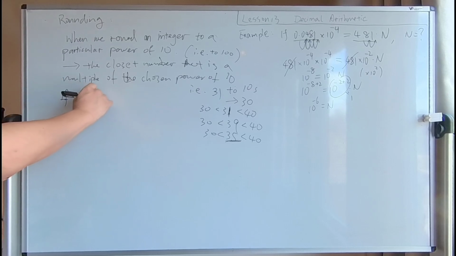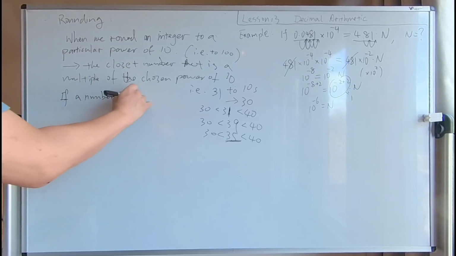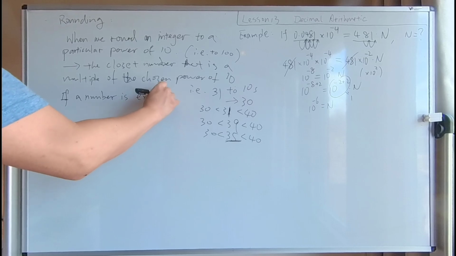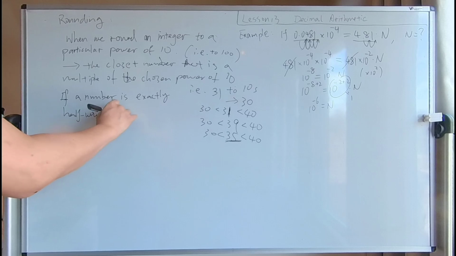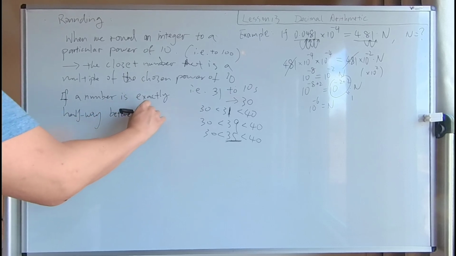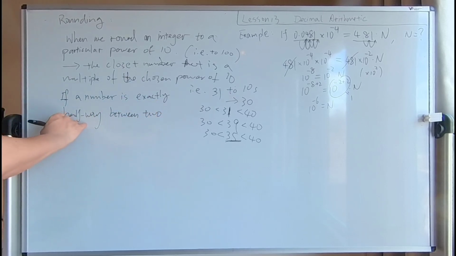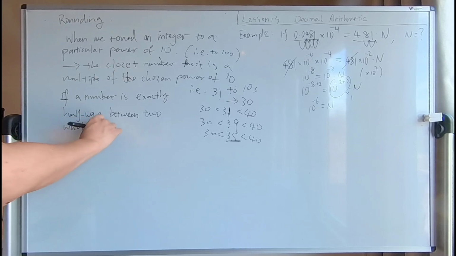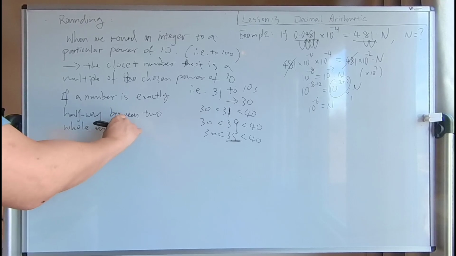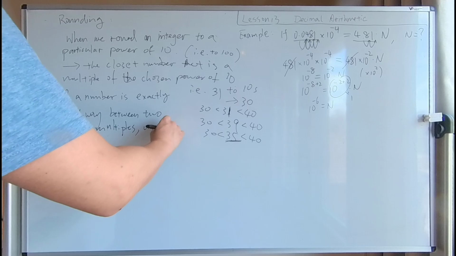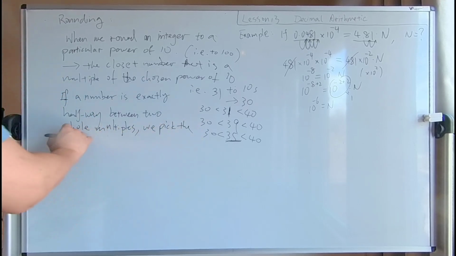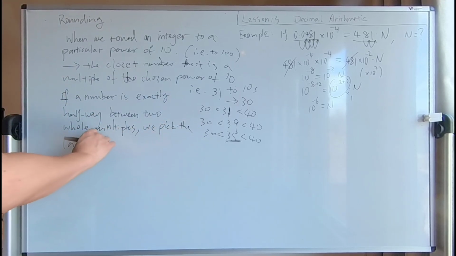If a number is exactly halfway between the two whole multiples, like tens or hundreds or thousands, we'll pick the larger one. Right, so we just simply pick the larger one.